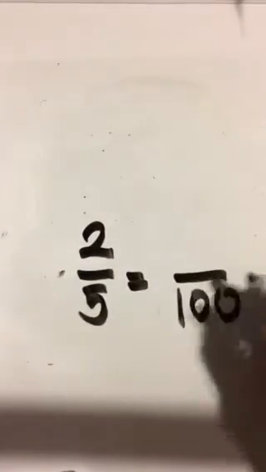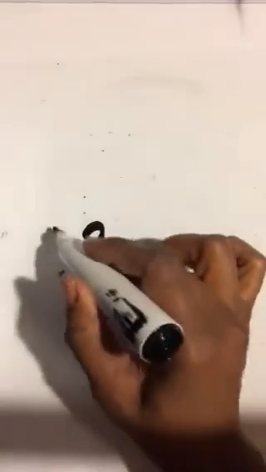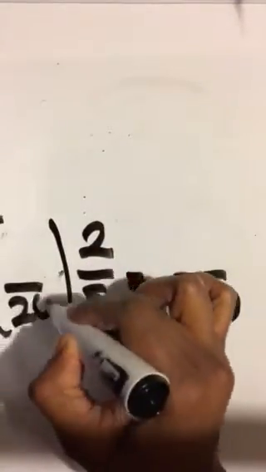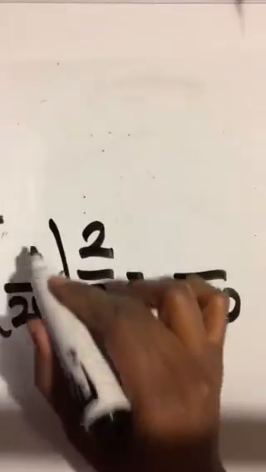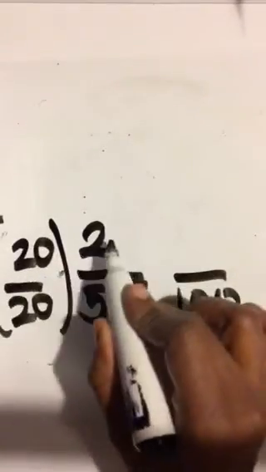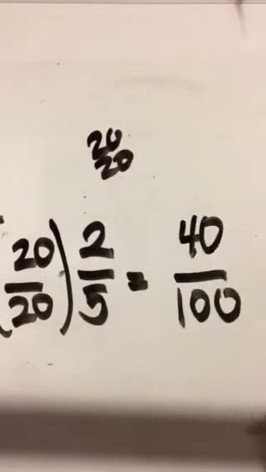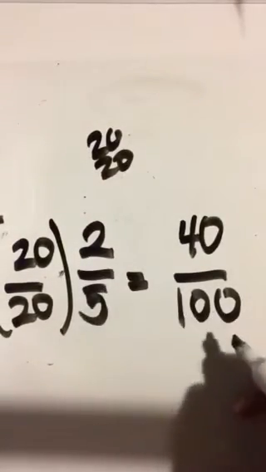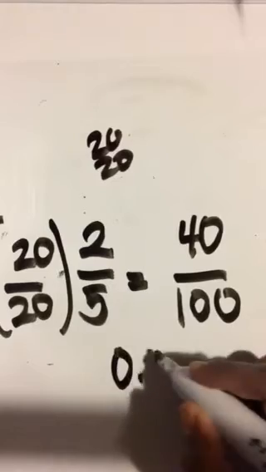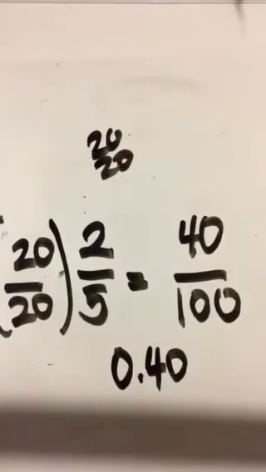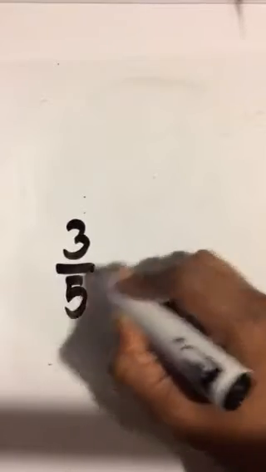2/5. 5 goes into 100 20 times. Whatever I do to the denominator, I do to the numerator. 20 times 2, or 20 plus 20, gives me 40. So 2/5 is equivalent to 40 hundredths. Say the fraction, write the decimal. 3/5.